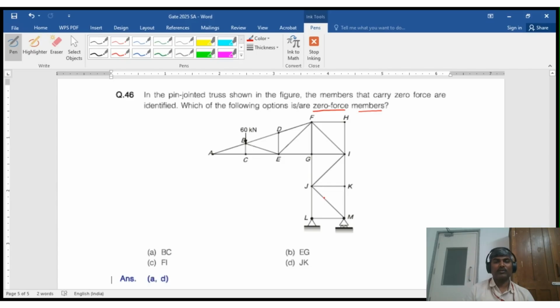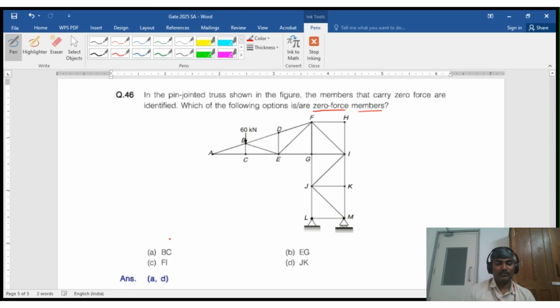Now you need to identify the zero force members. You see the options. In this case, you need to go by the options elimination process. Otherwise, it will take a little longer to first identify zero force members in the truss and then look for the answer. So we go in a reverse way here.